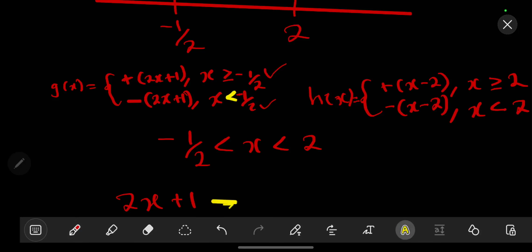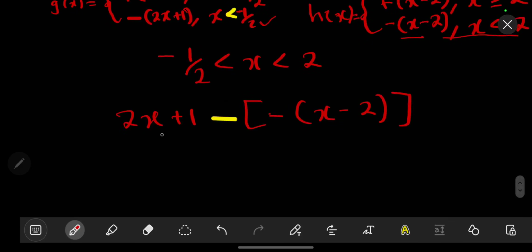If we add a positive from the equation, we could be adding. Then we are going to open our brackets and write the condition for this other piecewise function, x less than 2. It is this second part of the function. So we say negative open brackets x minus 2, like that. So we have our 2x plus 1, negative times negative will be positive. Then we have x minus 2.